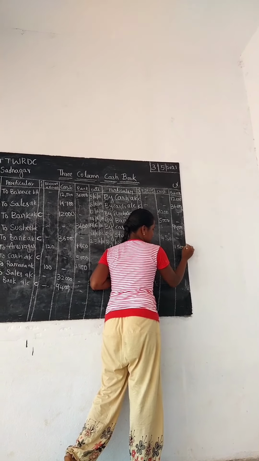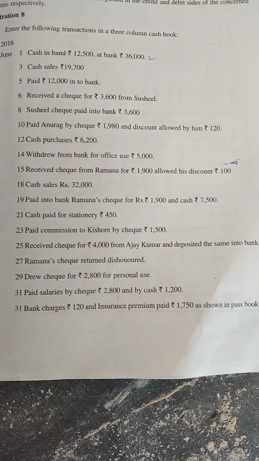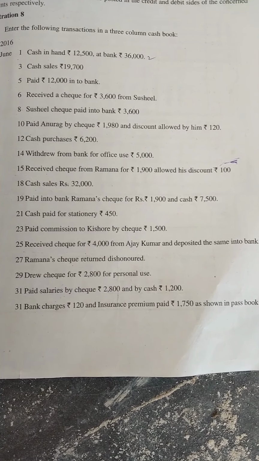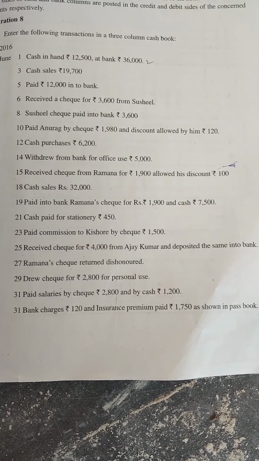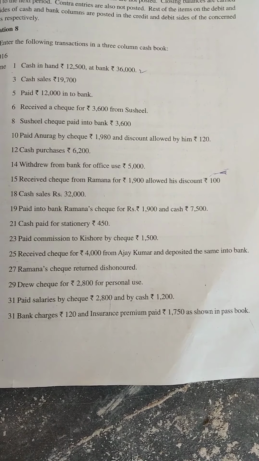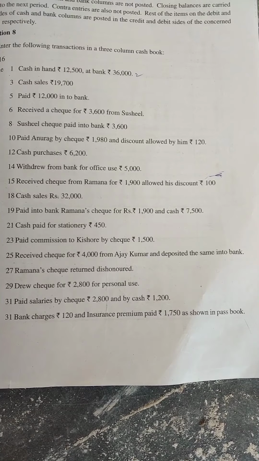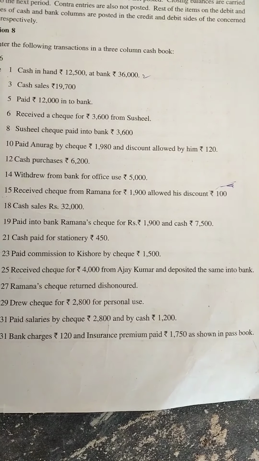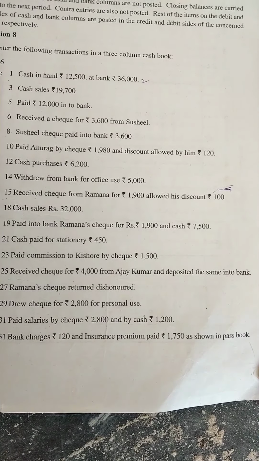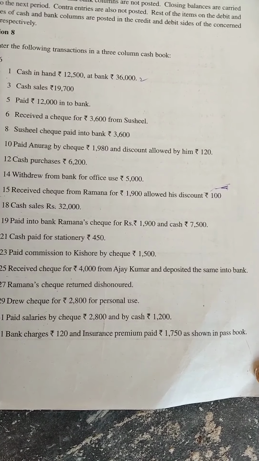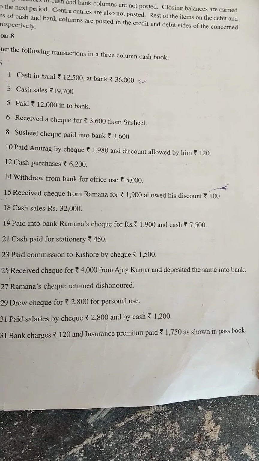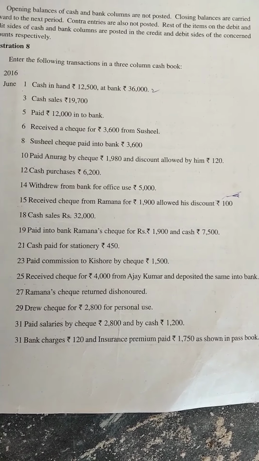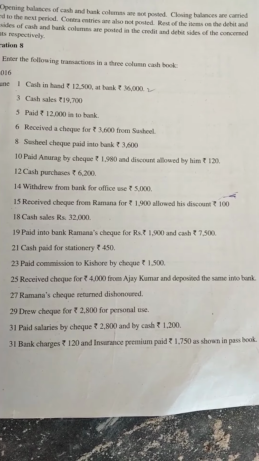1,500. On the 25th, received check of rupees 4,000 from Ajay Kumar and deposited the same into bank. Here we are receiving a check from Ajay Kumar for 4,000 and depositing in the bank on the same date, so it is not considered a contra entry.